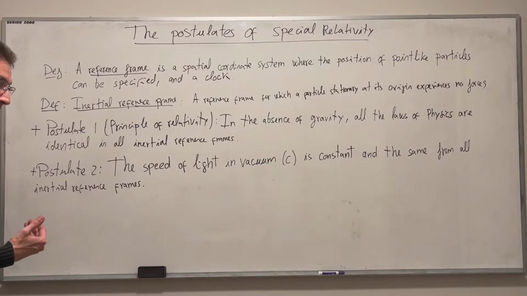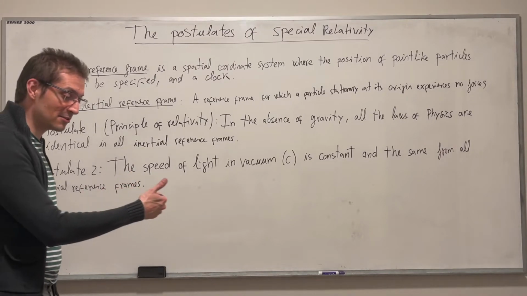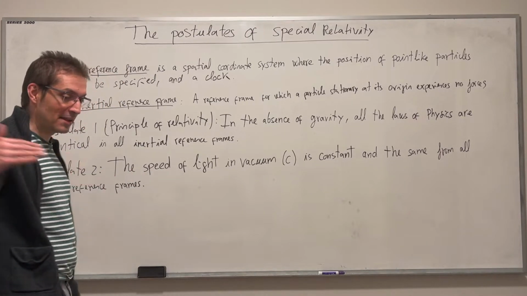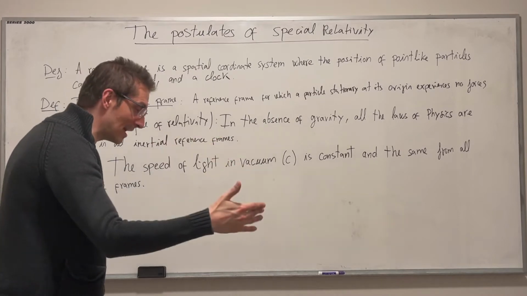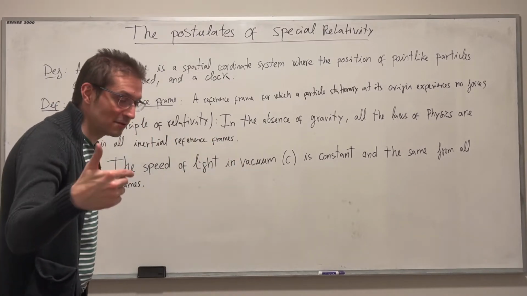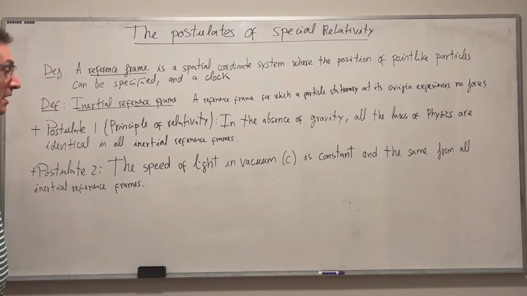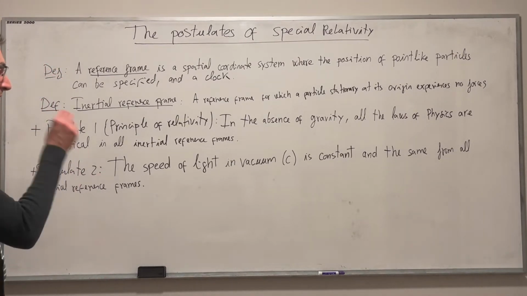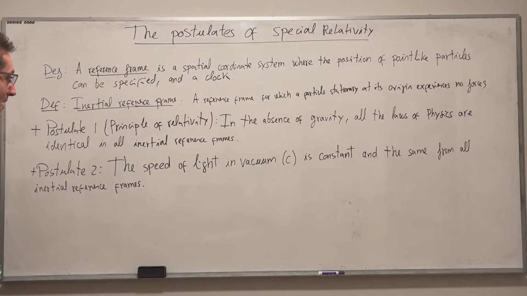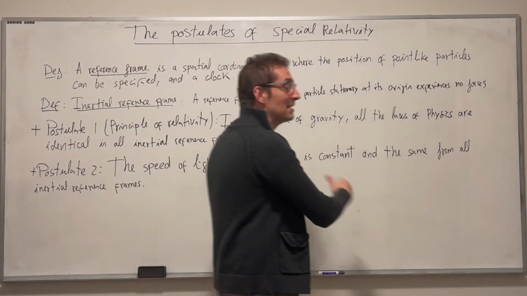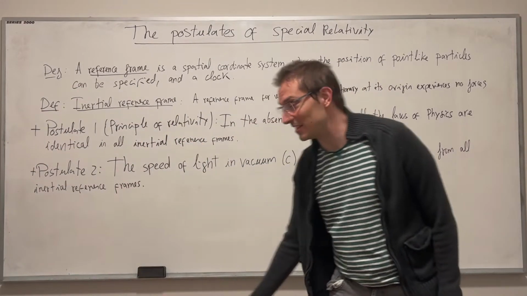If I'm in a reference frame and I measure the speed of light and it's c, and then somebody else is driving in a car and measures again, the speed of light should compound with the speed of the car. But Einstein is saying, no, let's postulate that it doesn't. Let's postulate that the speed of light is the same for everybody, and it's c. That is groundbreaking. That is the only little change, and it's inspired by the Michelson-Morley experiment.